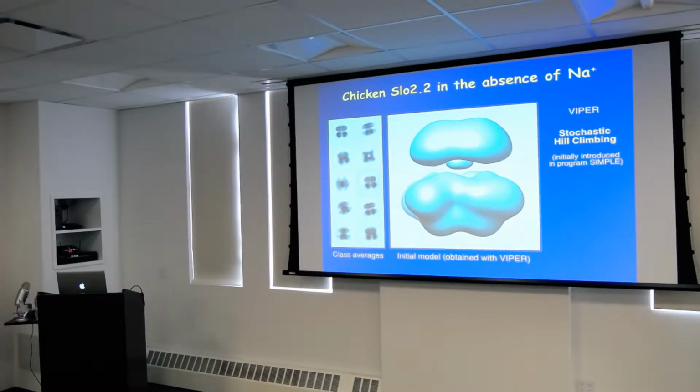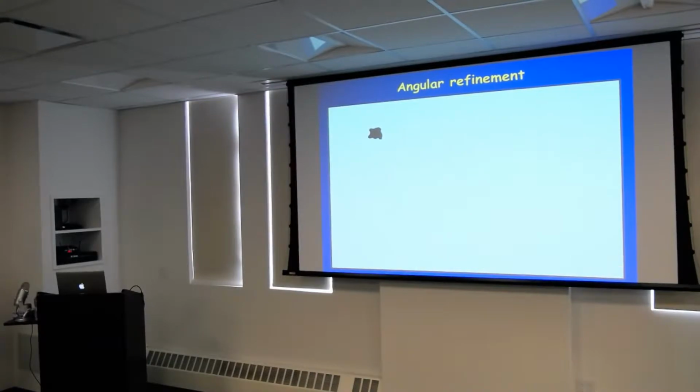But once you have an initial density map, now you want to improve the orientation parameters so that you can get better features. The way it works is you have your model, which is low resolution. You now create projections from your object in a systematic way, so now you end up with a pile of projections which you know exactly what the orientations are because you actually calculated them. And now you start with your first experimental projection, and you compare this projection with this entire stack.